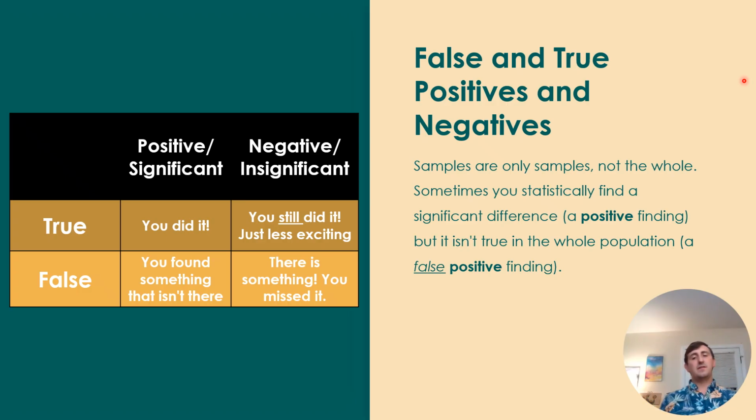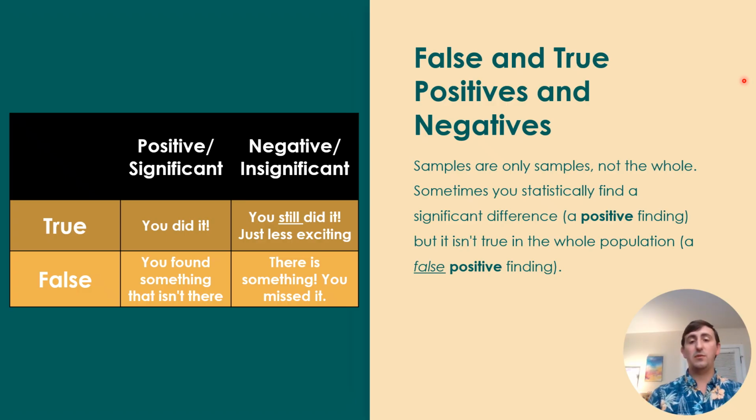The sample does not always reflect the whole population, which means sometimes you can find a statistically significant finding. Like you can do the stats, run the analysis on your experiments, and find something that's really significant, have a positive finding, but it doesn't actually reflect the whole population because of an unlucky sampling issue.